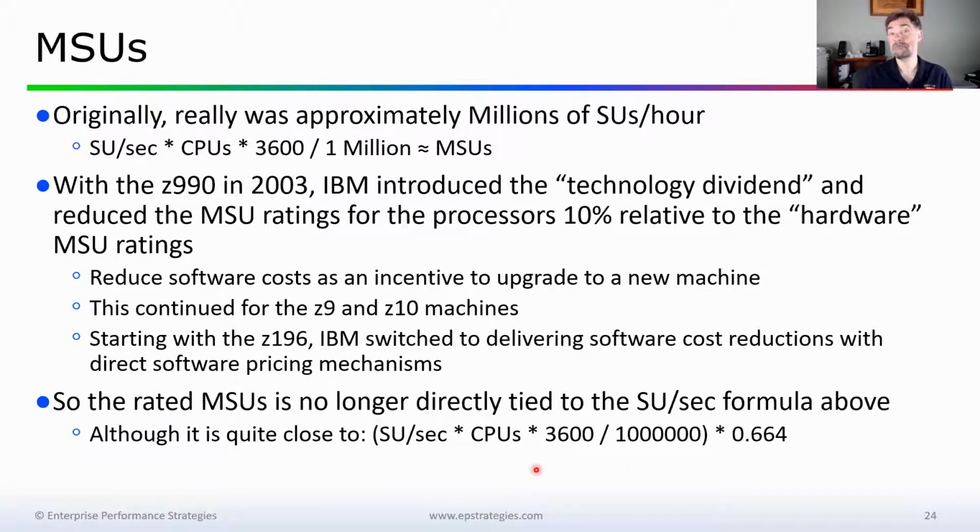Personally, I don't like to make that distinction, because IBM only provides one MSU rating. The MSU rating is just a relative measure of capacity. Whether that relative measure is scaled by 0.664 or not makes no difference. It's still just a relative scale of capacity.